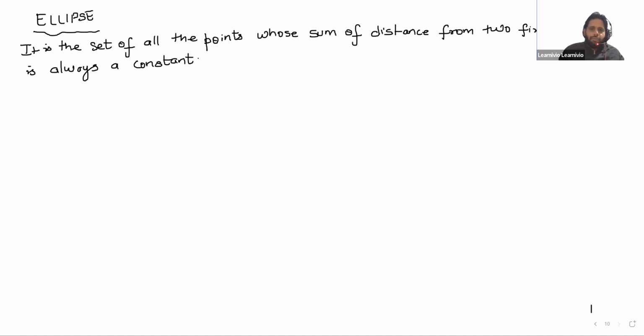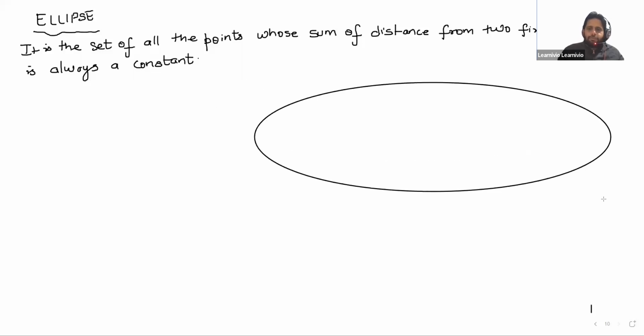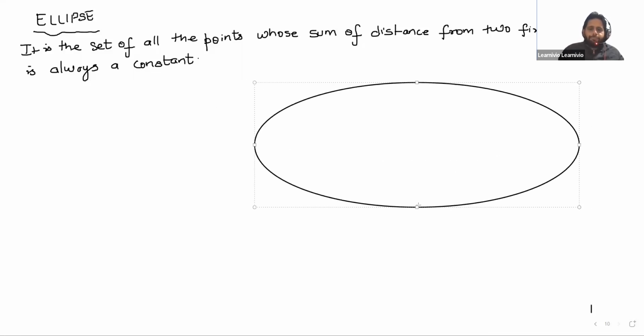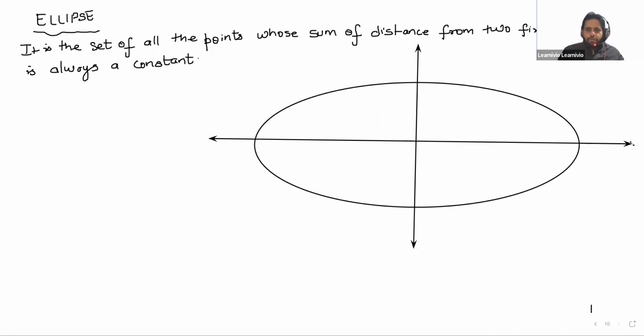So what does this mean? Suppose this is the graph of an ellipse. These are the two fixed points. Let this be F2, let this be F1. Now, suppose we take a point A on the ellipse.